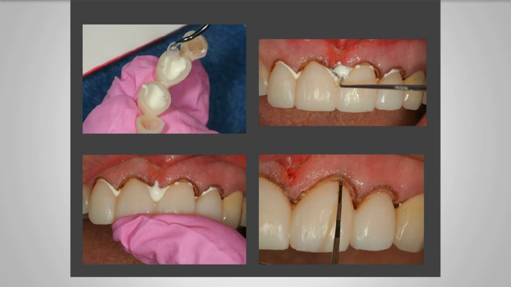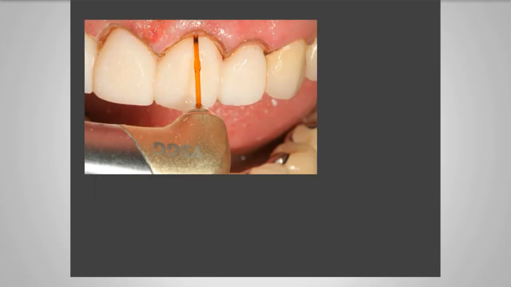And you see with the perio probe there, I'm just sounding to crest of bone to demonstrate that no bony crown lengthening was needed in the aesthetic crown lengthening of this case. Going in and doing a little touch-up with the all-surgery laser, just to make sure that our tissue levels are where we want them to be.